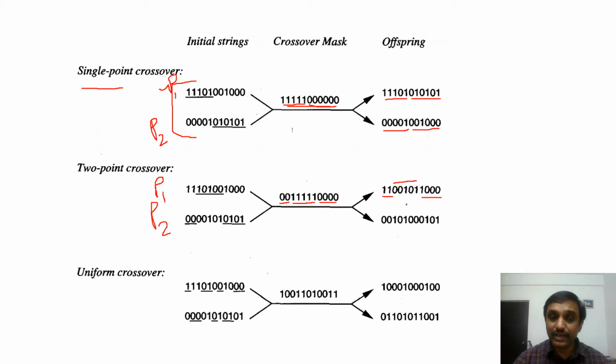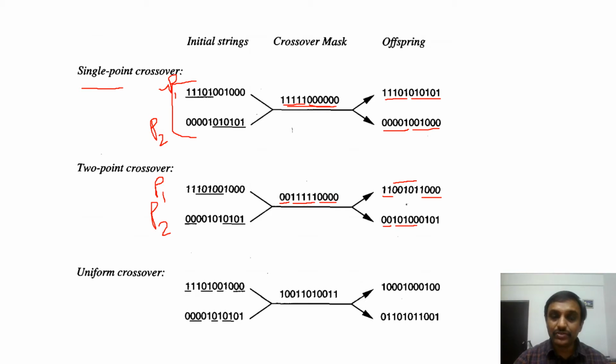First 2 bits we are taking from parent 2 and the next 5 bits we are taking from parent 1. Next bits we are taking from parent 2. That is a 2-point crossover. So this crossover works depending on how your crossover mask is present.